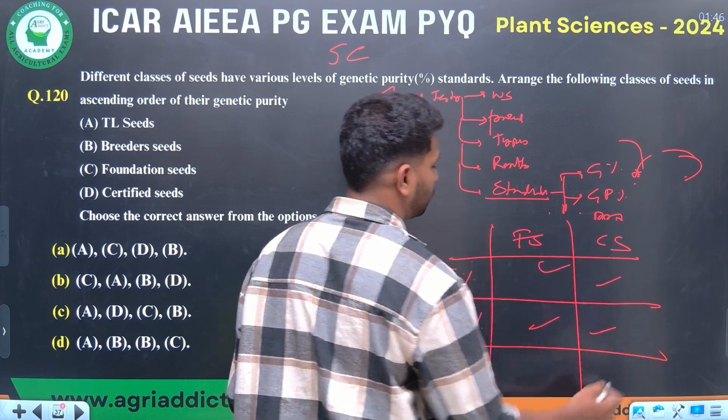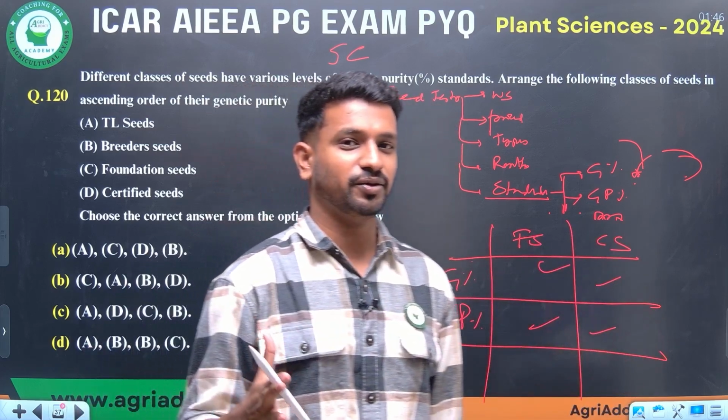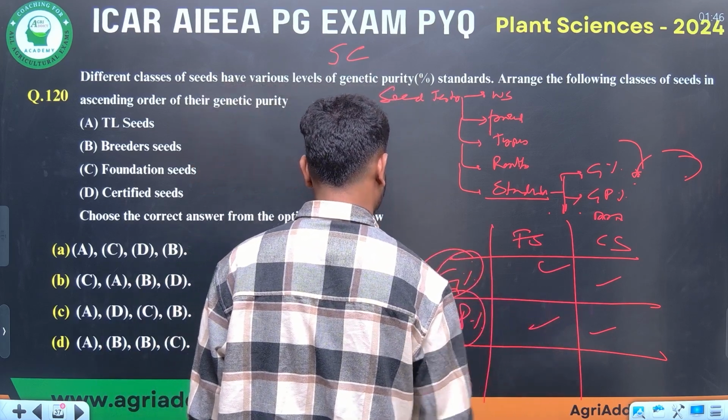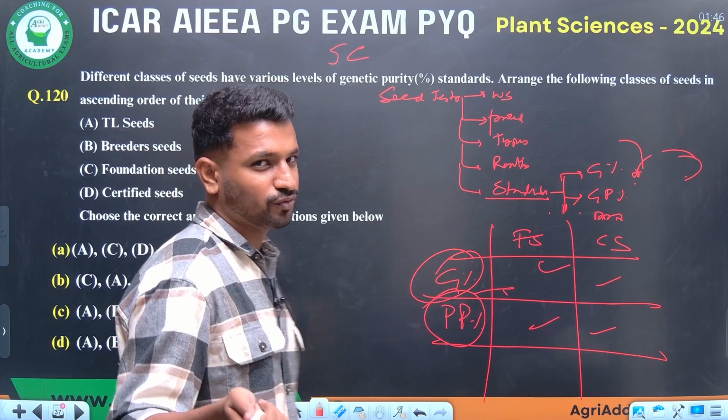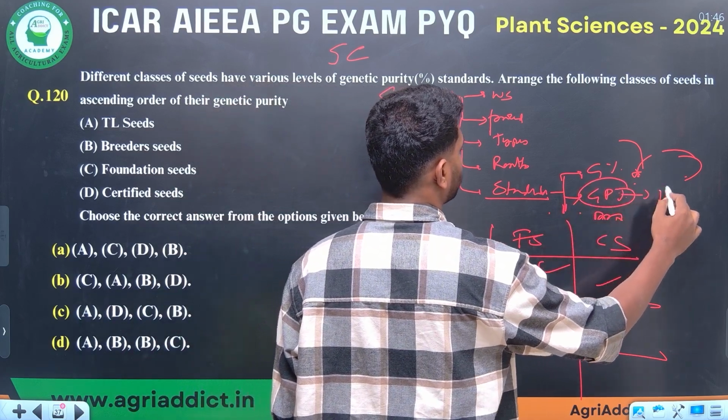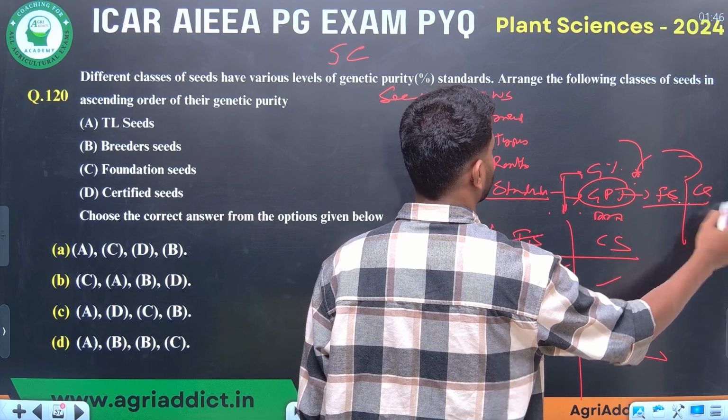There is no difference. You need not remember them separately. It is the same germination percentage standard and physical purity standard for both foundation seed and certified seed, but only for genetic purity you have to remember separately for foundation seeds and certified seeds.